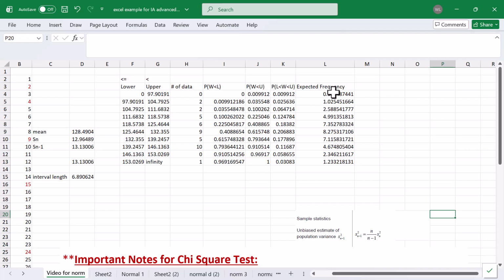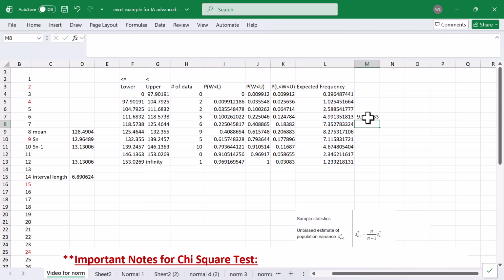For this expected frequency, we saw some values less than 5. So we have to combine the groups. Add the first 4 together. Put the equal sign. Then enter.